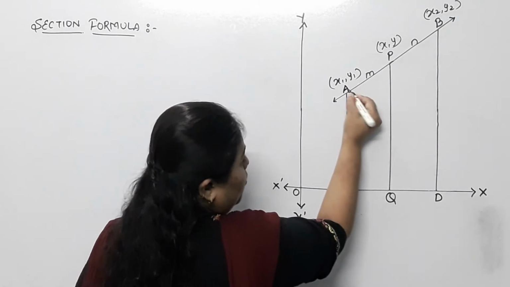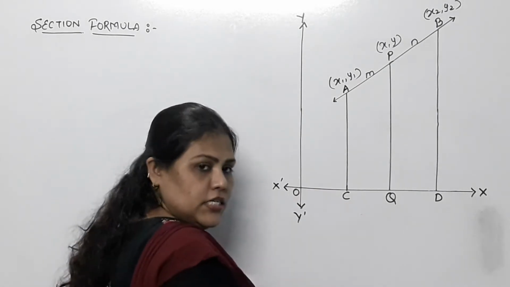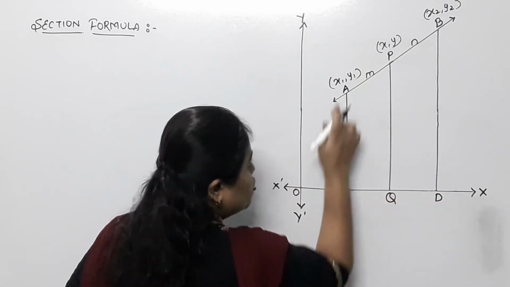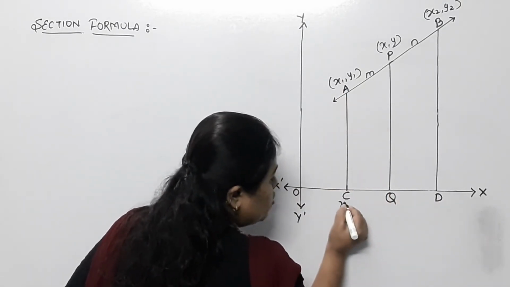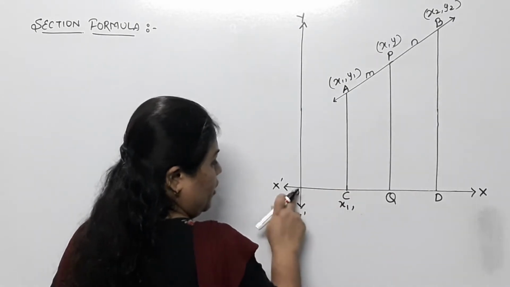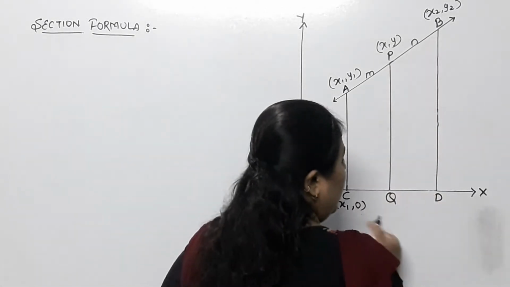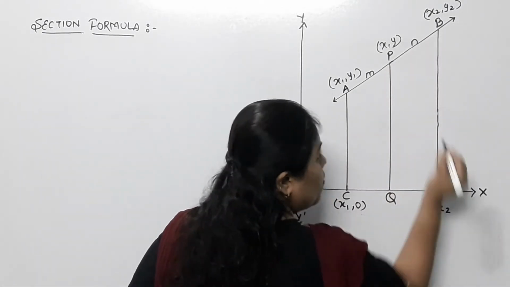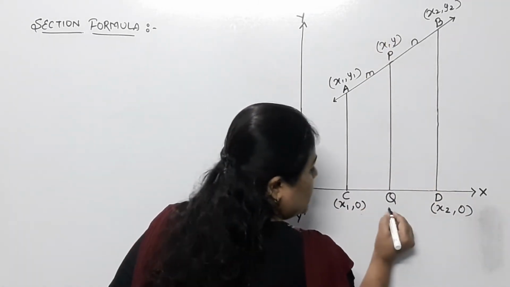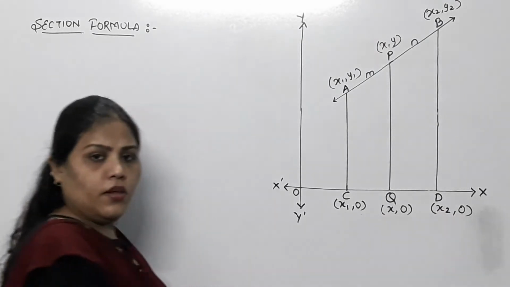Now if the coordinates of point A are x1, y1, what will be the coordinates of point C? See here, it is on the x-axis, so the x coordinate will be the same for C, x1, but the y coordinate will be 0, right? Now for D, it will be x2 and again y is 0. For Q, x is x and y is 0, right?